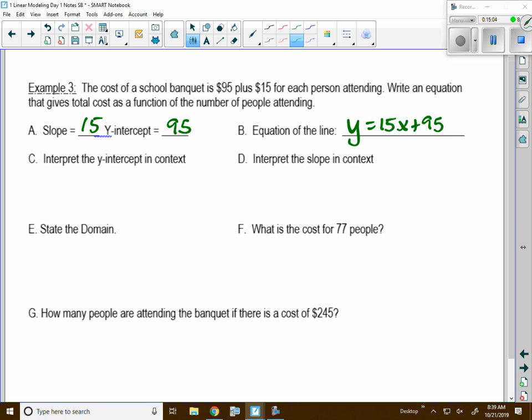All right, so raise your hand. Interpret what that y-intercept of 95 means. What does that 95 mean? Like 95 is to enter the banquet. Okay, so not to enter the banquet, but food, just to have it. Okay, so 95 just to have it.